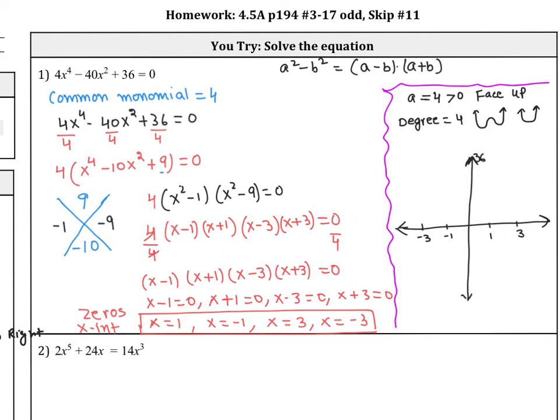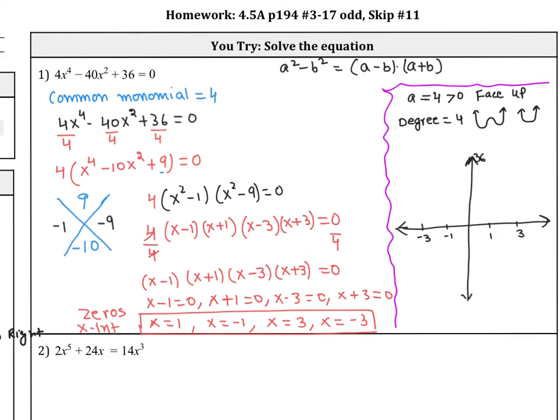We already decided that this is going to be a W-shaped graph because it's degree 4, and it's facing up because the leading coefficient is positive. It's going to cross the x-axis at negative 3, and then negative 1. And then it's going to cut the y-axis at 36, and then cut at 1, and then 3.